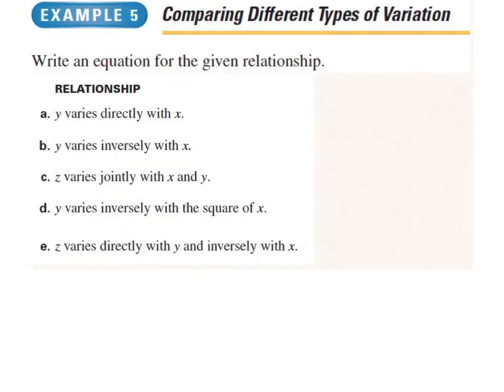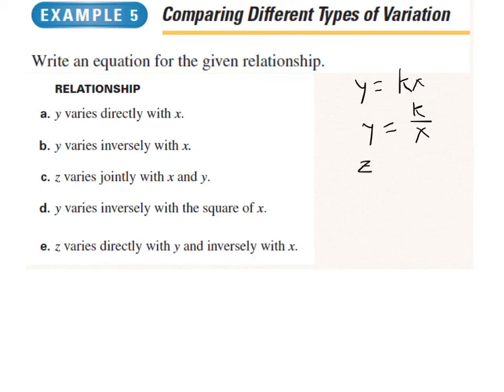Okay, we want to write some relationships here. We know the first two. y equals kx is direct: as x gets bigger, y gets bigger. Then our other one, inverse, k over x: as x gets bigger, y gets smaller. Then z is going to vary jointly.